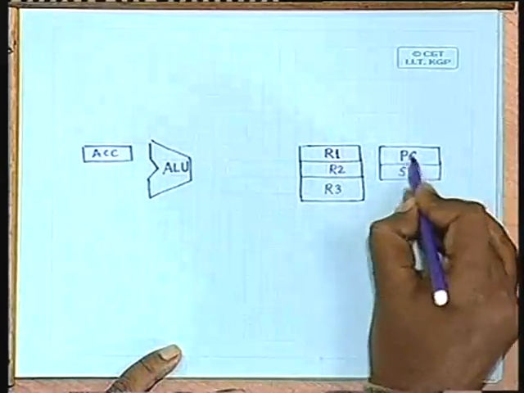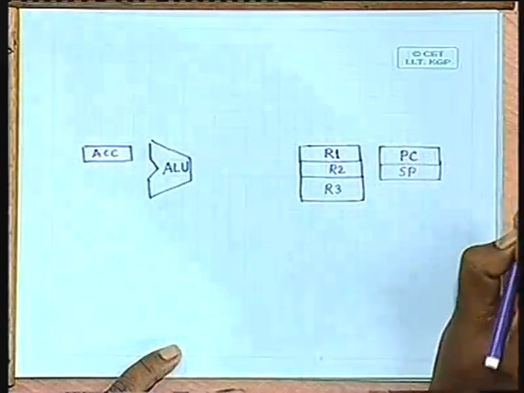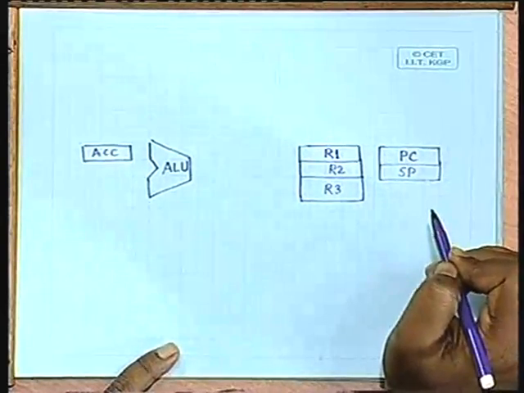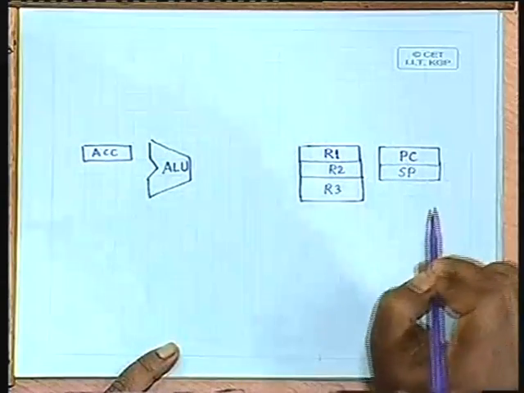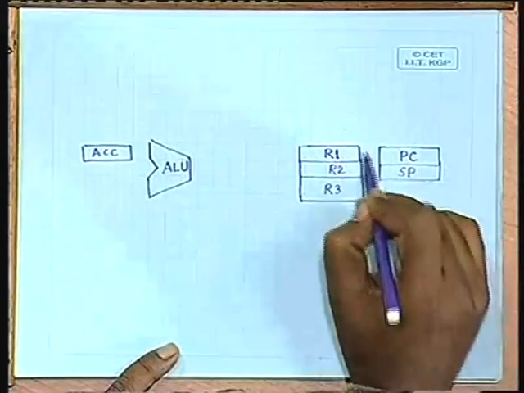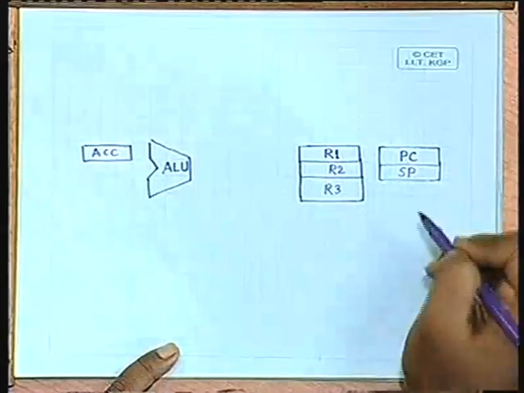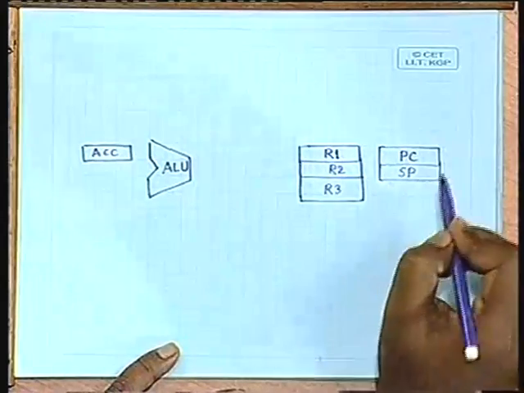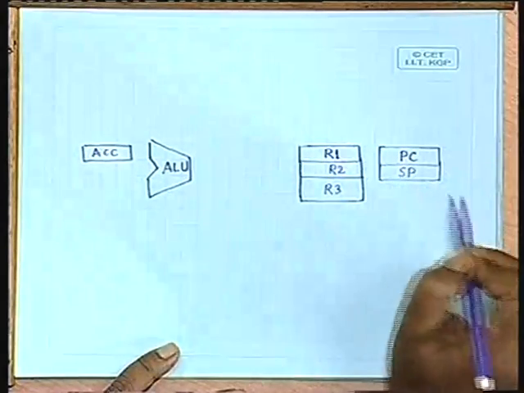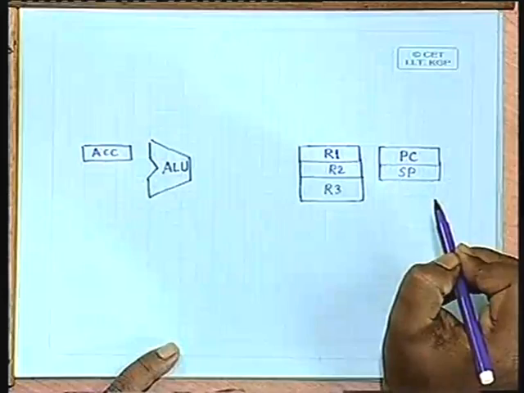So, here we find the program counter points to an instruction which is to be executed next, and the stack pointer points to a stack where we save the values of some of the registers which can be called back when we come back from the subroutine or from the function which has been called from the main routine.